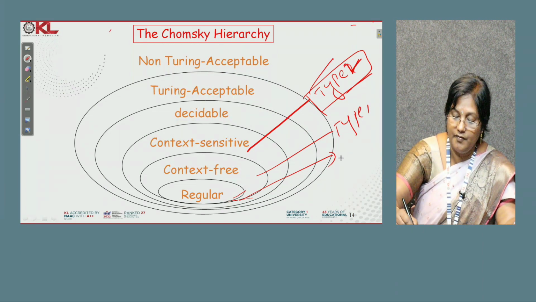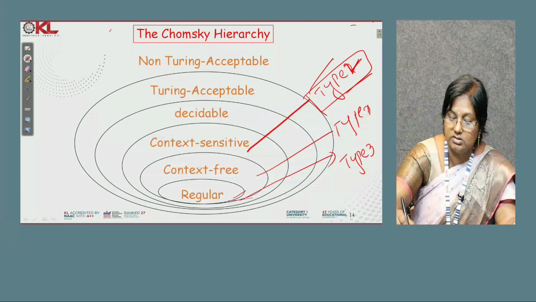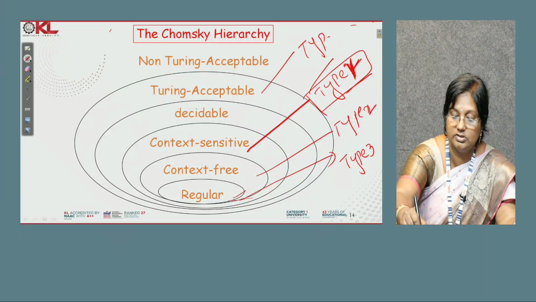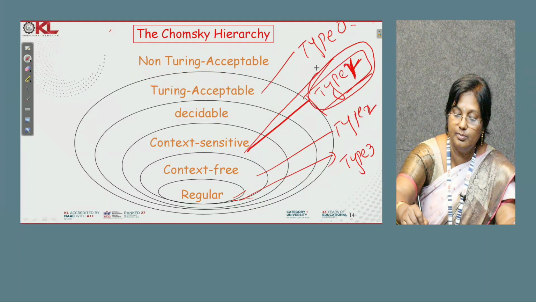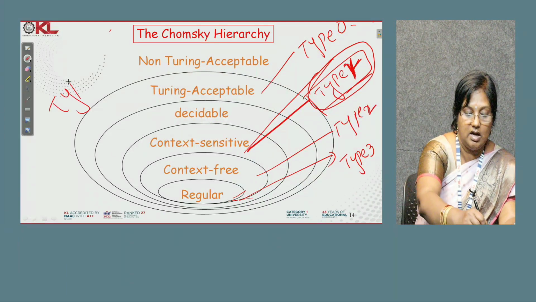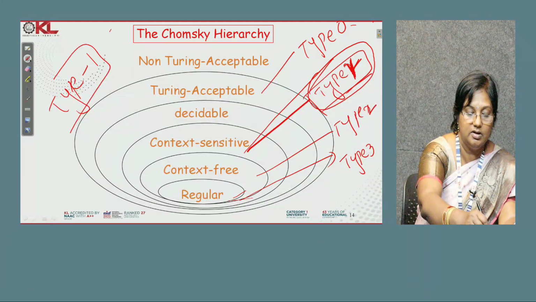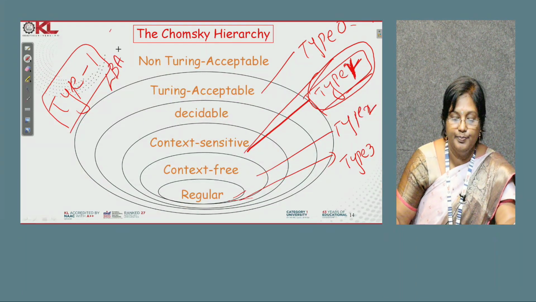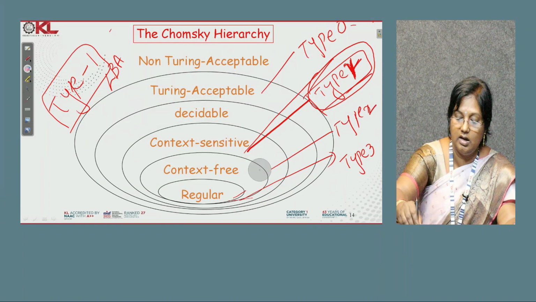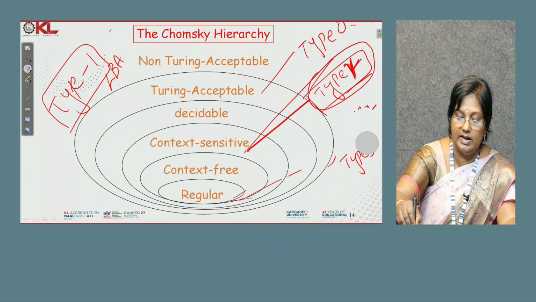So we call this one type 3 grammar, this is type 2, this is type 1 grammar, and these are the type 0 grammars. So context sensitive grammars always come under type 1 grammar. These type 1 grammars we discuss in LBA, linear bound automata. I think it is very clear now: type 0, type 1, type 2 and type 3 grammar.